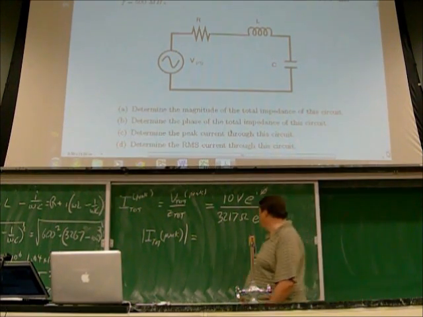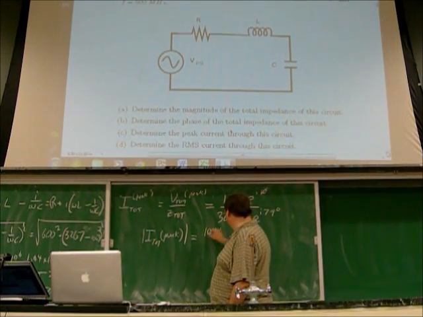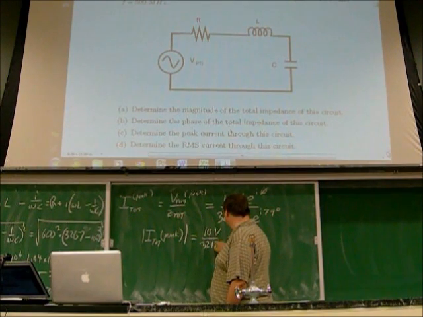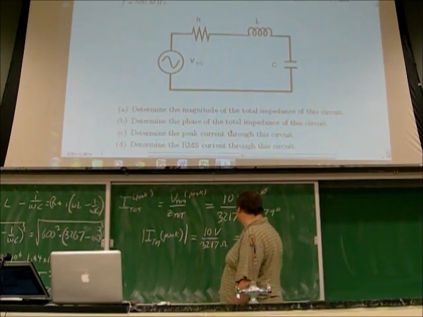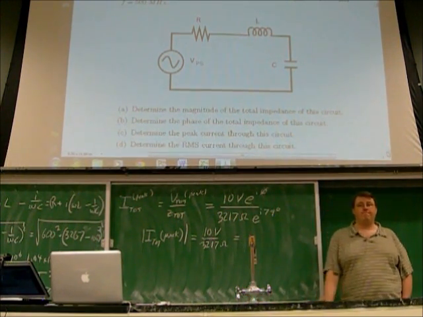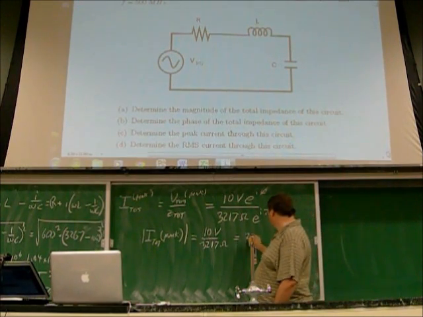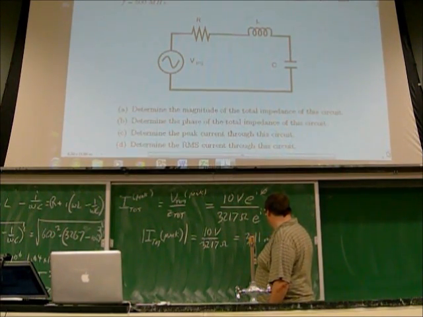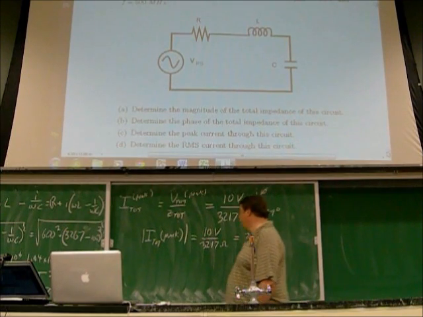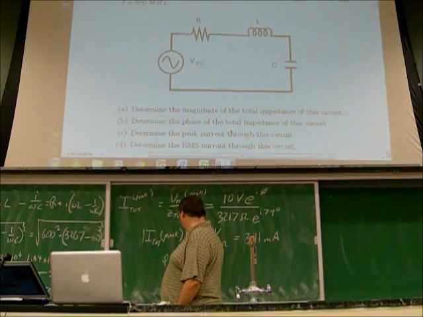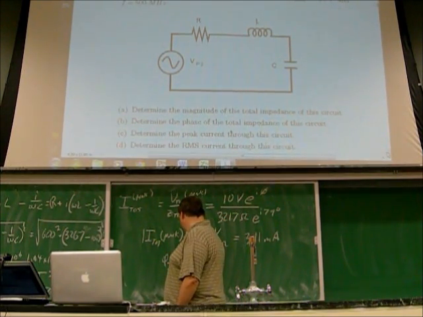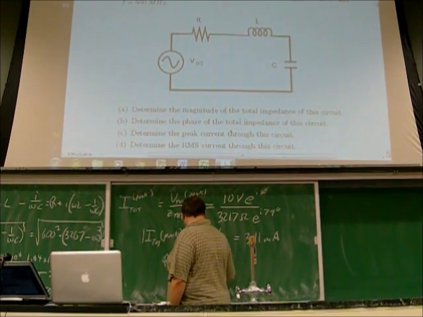So the magnitude is 10 over 3217, which is what? 3.11 milliamps. That's the peak. What's the phase? Minus 79 degrees.